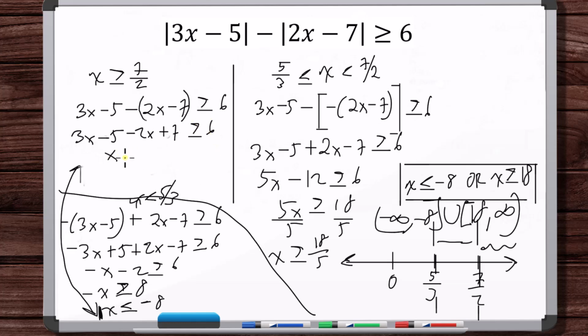Okay, 3x minus 2x is x. Minus 5 plus 7 is positive 2. X is greater than or equal to 4. These overlap at x is greater than or equal to 4. So now applying the or criteria here, this is going to be 4.